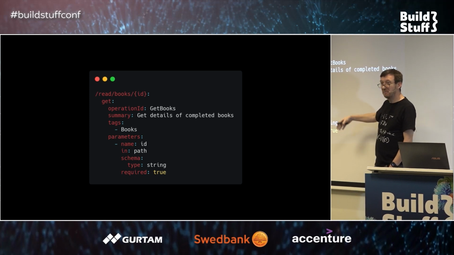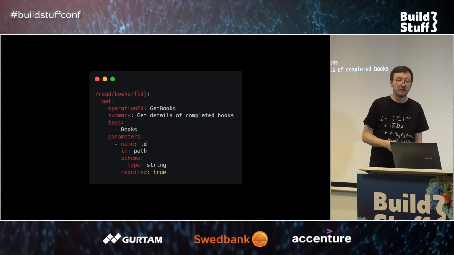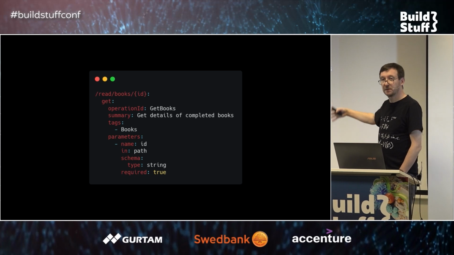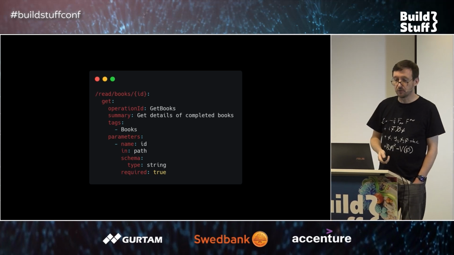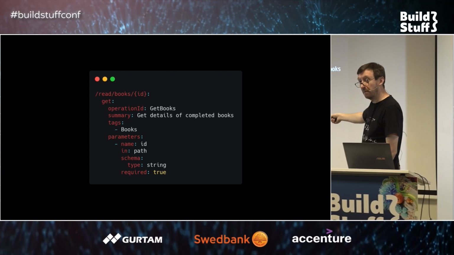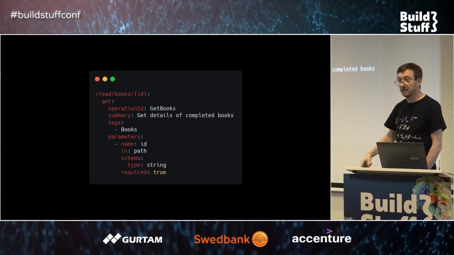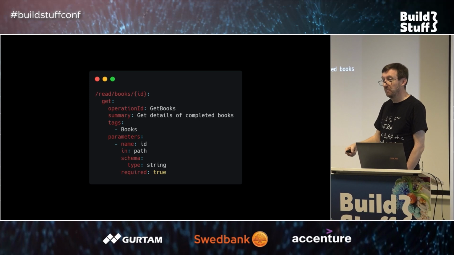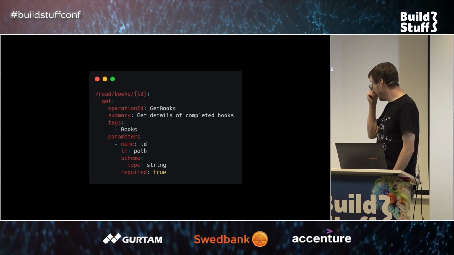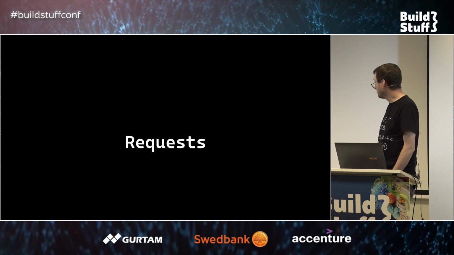You can specify minimum and maximum, and say it's a date. You can say it's a UUID format. You can put a regular expression in there that validates it, all that sort of thing. You can say, is it required? So if it's a query parameter, this is particularly useful, because sometimes you have query parameters, but you do have to send them. And it makes clear that it is a required parameter.